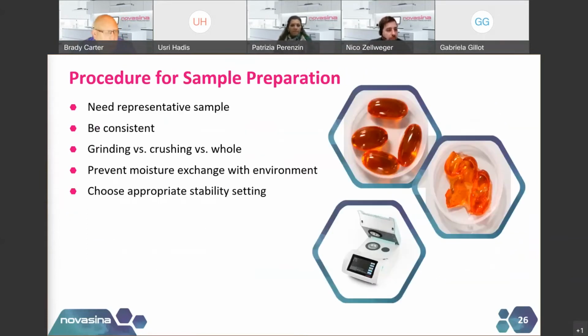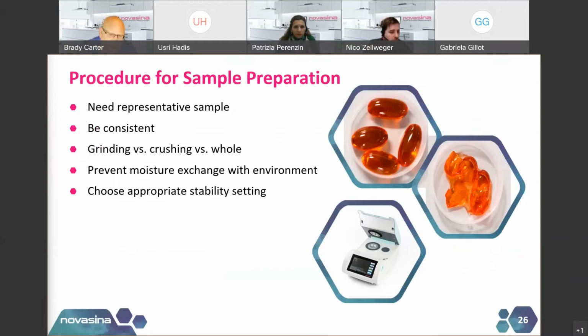In terms of sample preparation for measuring water activity, the main thing is that you need a representative sample for most types of pharmaceutical products that would be measured. These are solid dosage or capsules, gel caps. Those types of products, you do want to break the surface because otherwise you'll just read the surface.